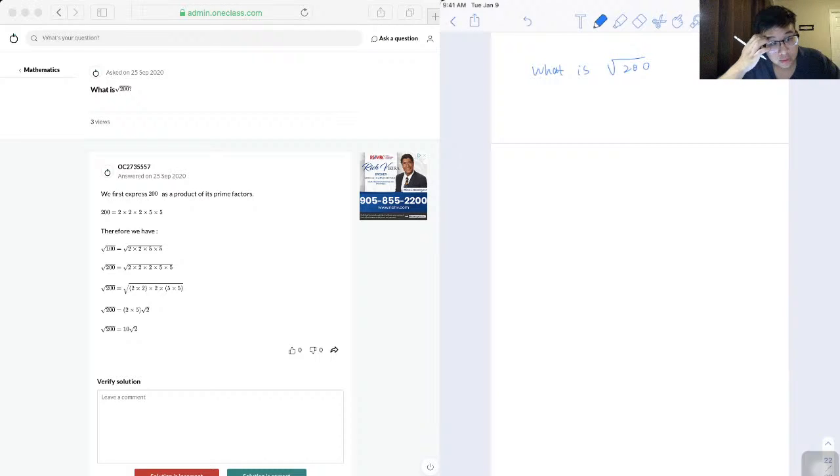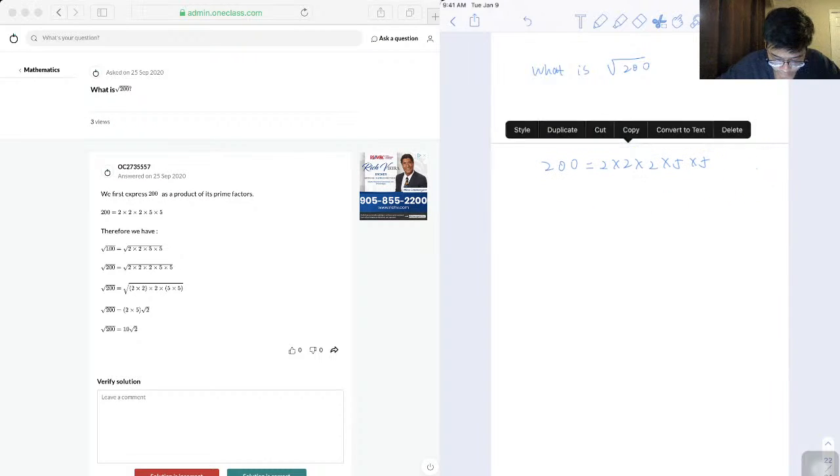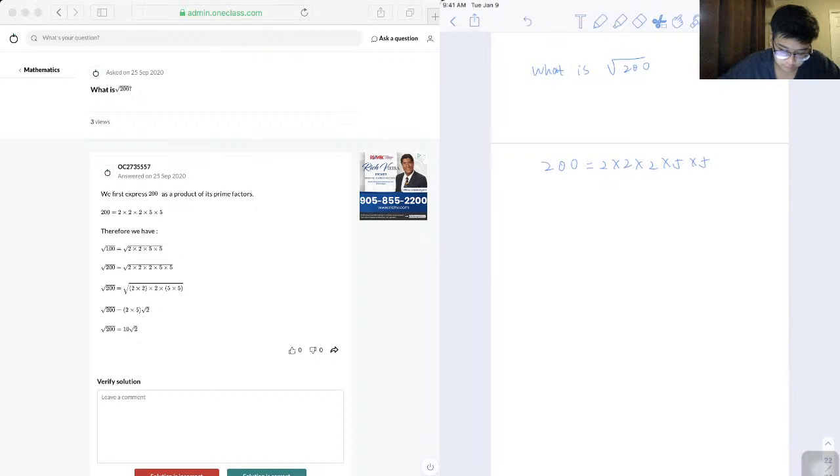And so let's first express 200 as a product of its prime factors, which we can do this way. So 200 is equal to 2 times 2 times 2 times 5 times 5. Because 2 times 2 is 4, 4 times 2 is 8, 8 times 5 is 40, 40 times 5 is 200.